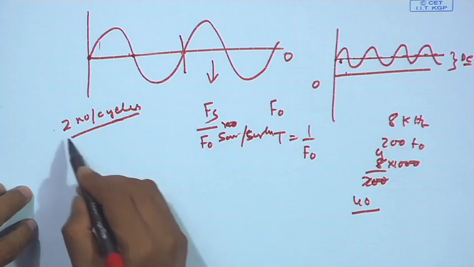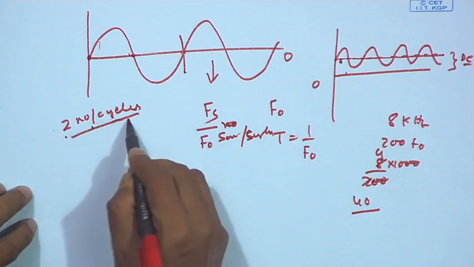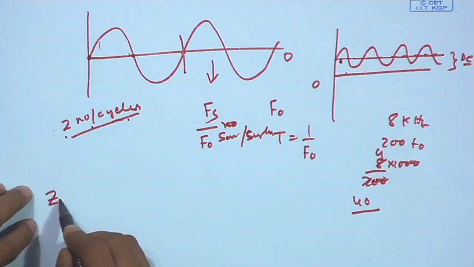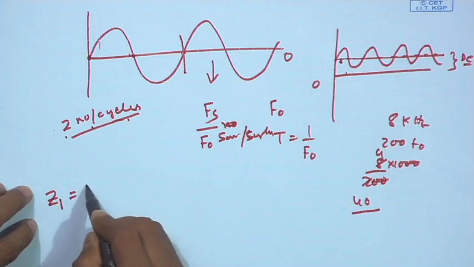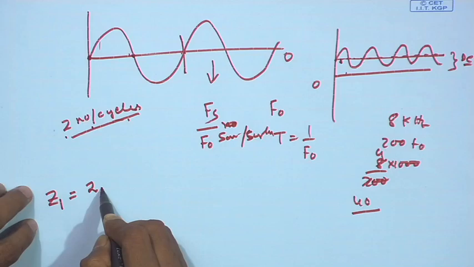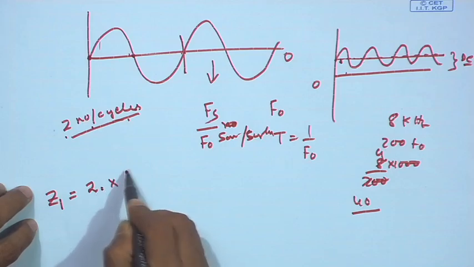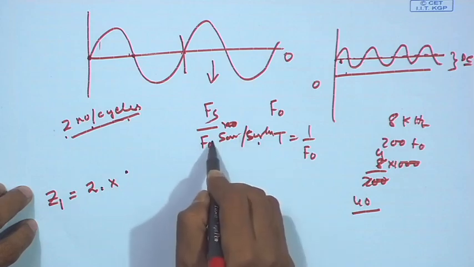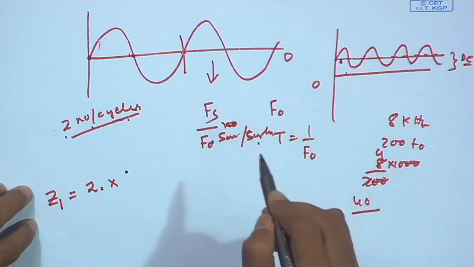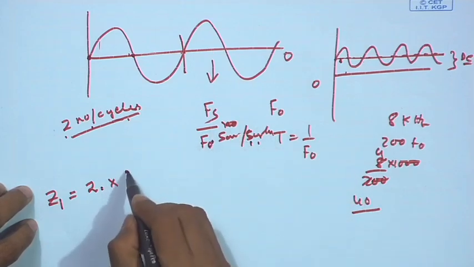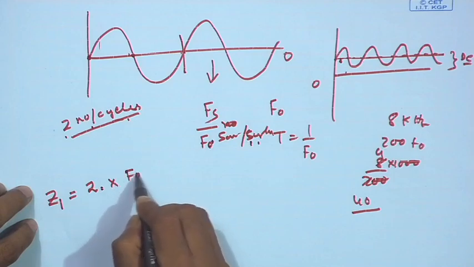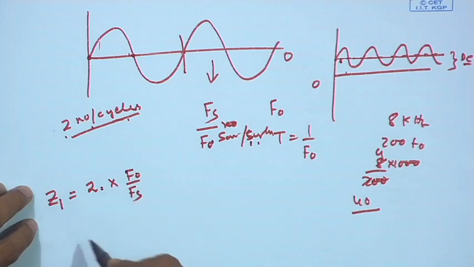Now, there are 2 zero crossings per cycle. So, the number of zero crossings Z1 is equal to 2 crossings per cycle into cycle per sample. This is sample per cycle, so cycle per sample is nothing but F0 by Fs.